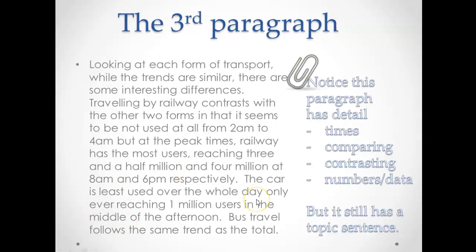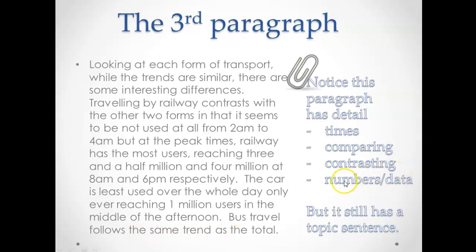So, this paragraph has detail. It shows the reader times from 2 a.m. to 4 a.m., at 8 a.m. and 6 p.m. It does a lot of comparing and contrasting. Look at these words: similar, contrasts, the most, the least, the same trend as.